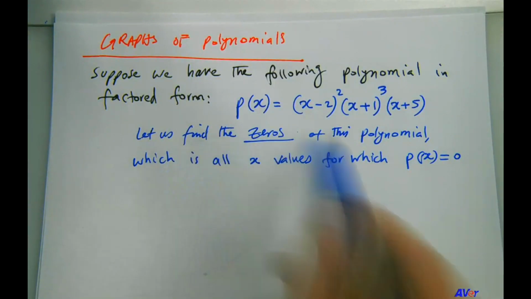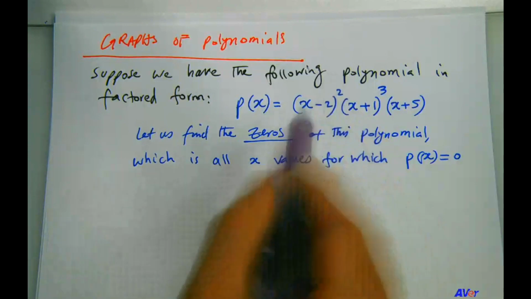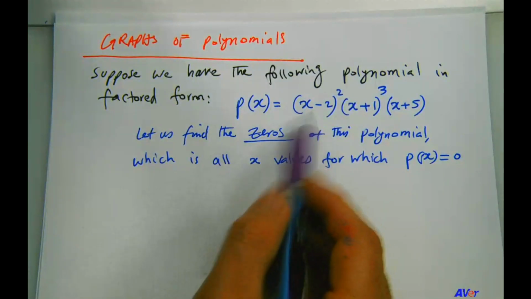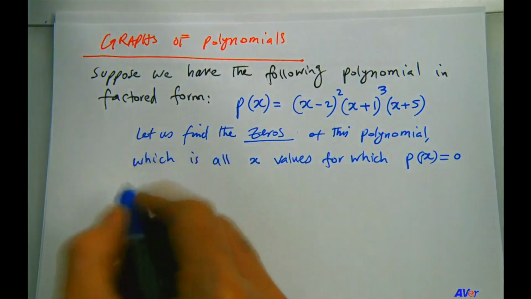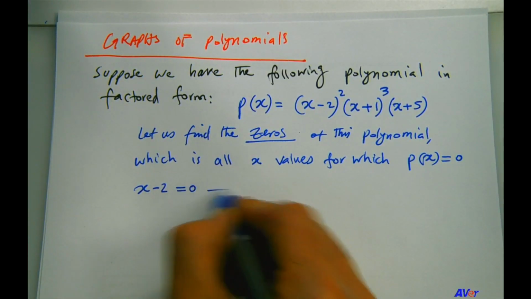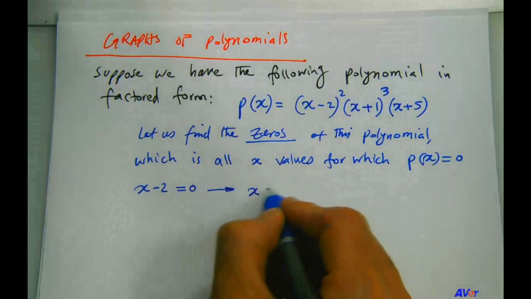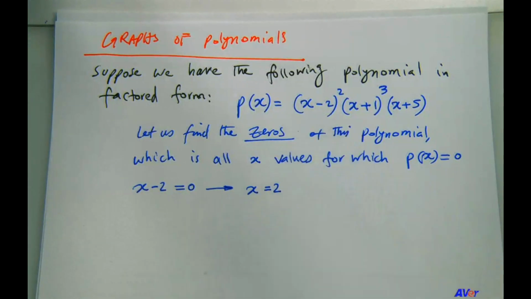Okay, we want to find all the zeros. That's easy to do because the polynomial is in factored form, right? So we say x minus 2 equals 0. Therefore, x equals 2 is a zero of this polynomial.